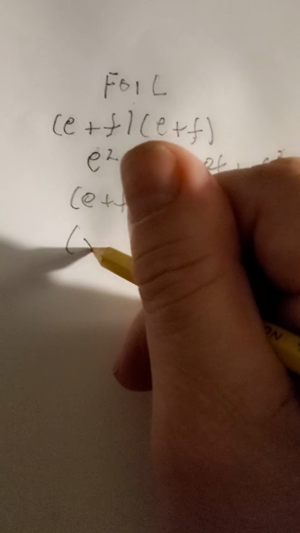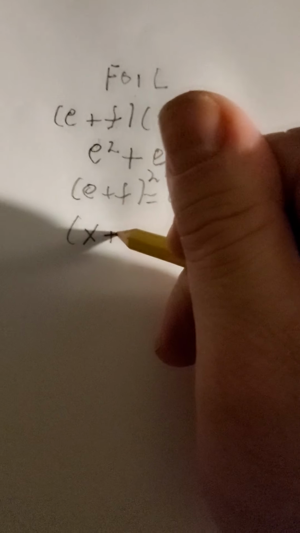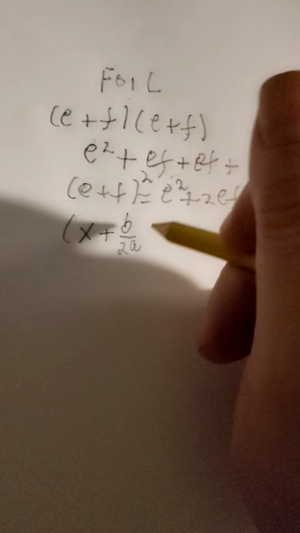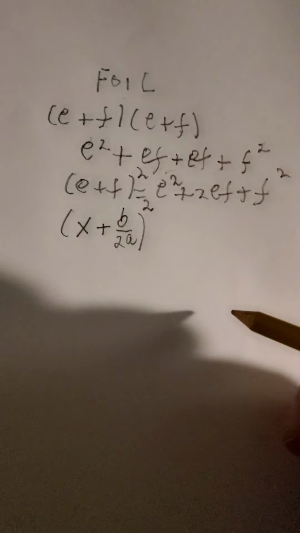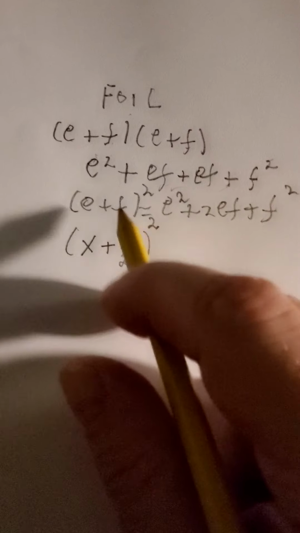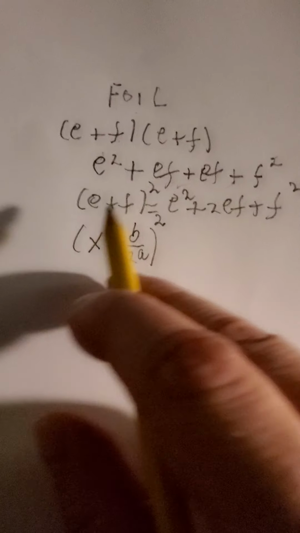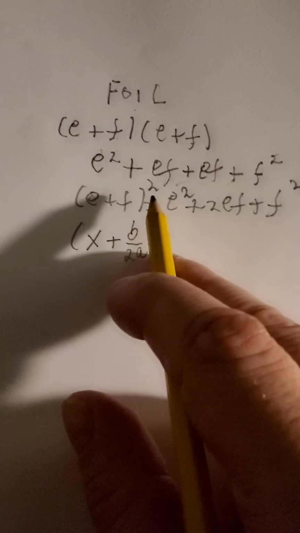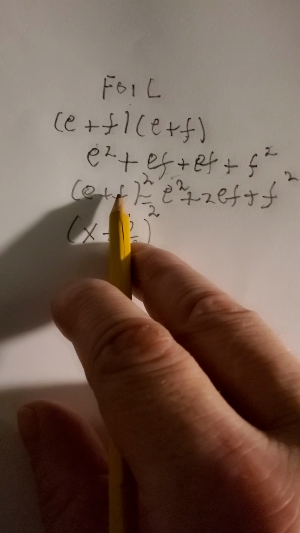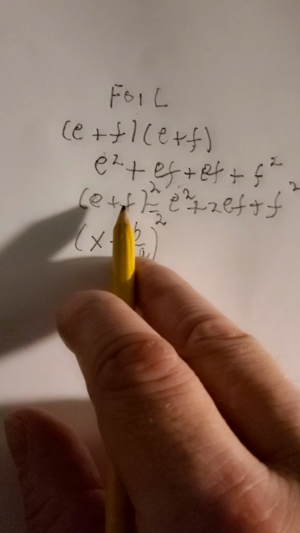Now, I'm going to let x equal e plus b over 2a, like that, quantity squared. Remember, if you used a and b regularly, I'm using different letters. If you use a and b, the rule is first term squared plus double the first and last term, plus the last term squared.